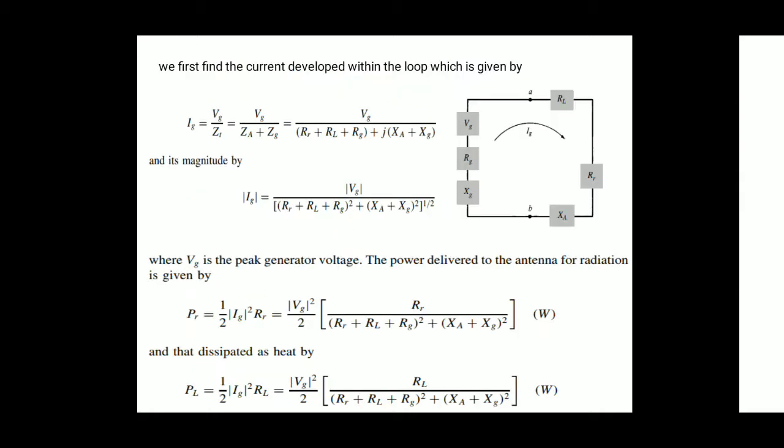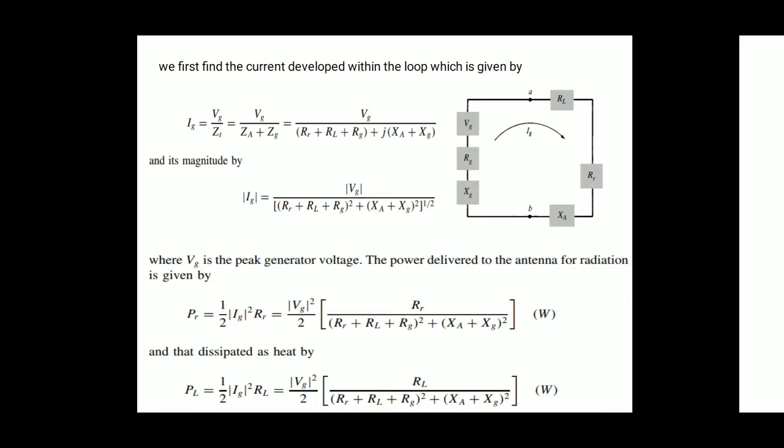We first find the current developed within the loop using Thevenin's theorem. So current Ig equals total voltage upon total impedance. In this loop, total voltage is Vg, and total impedance is Za plus Zg, where Za has Ra, Xa, and Zg has Rg, Xg.